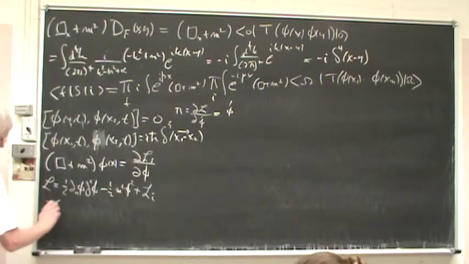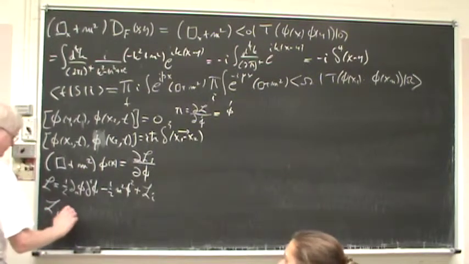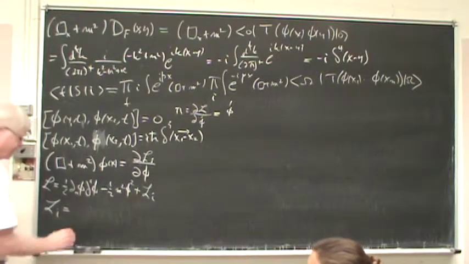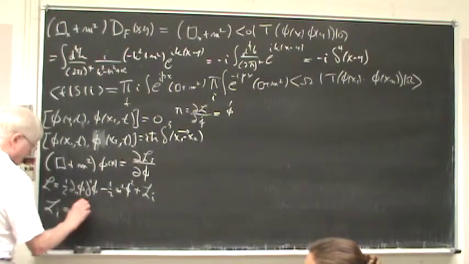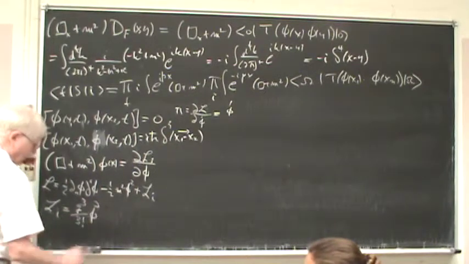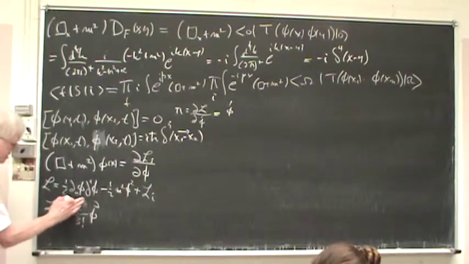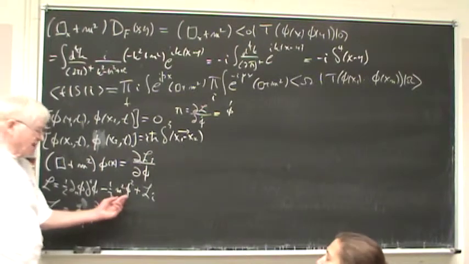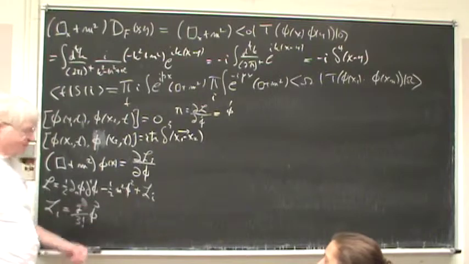What is L interaction typically? Well, the simplest possible case, which is actually very unphysical, but it's the one we're going to be talking about today because it's simple, is g phi cubed over 3 factorial. This is the simplest thing that's more complicated than just phi squared.